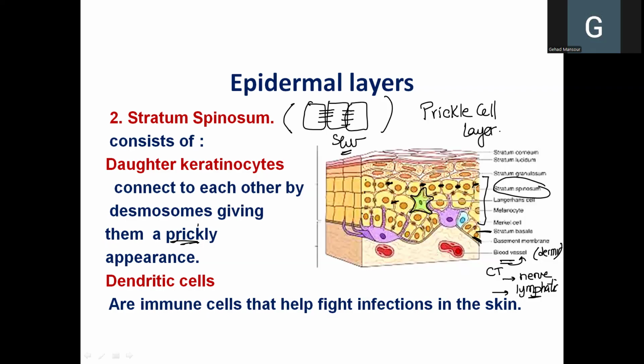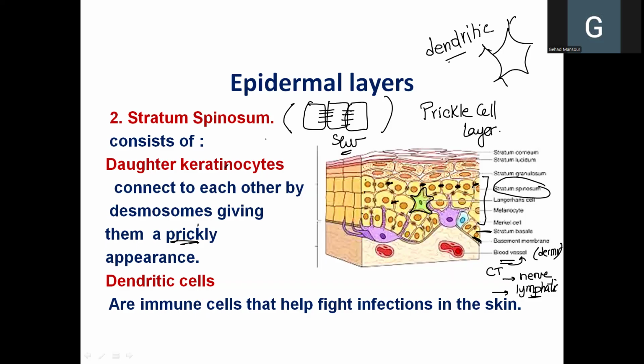I think they are the purple ones. It's not very clear, but we have the Langerhans cells, which is another name for those immune cells, the dendritic cells. Because these immune cells have processes called dendrites, it is also called the dendritic cell.